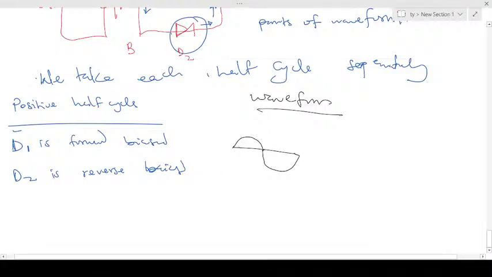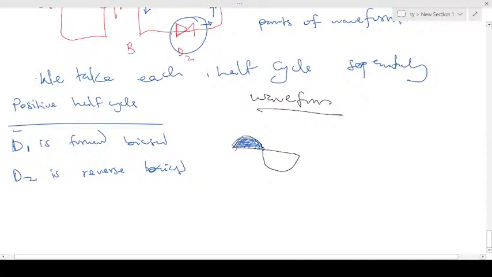So during the positive half cycle, as that's the cycle where I've shaded, D1 is forward biased, D2 is reverse biased, and current flows in that manner in the circuit.